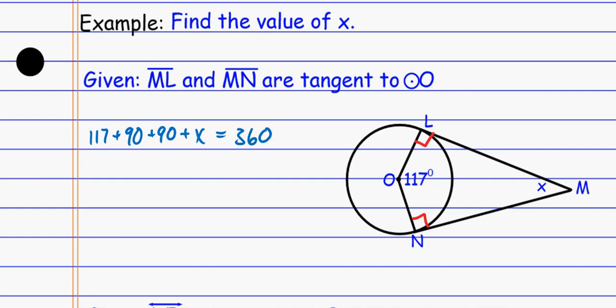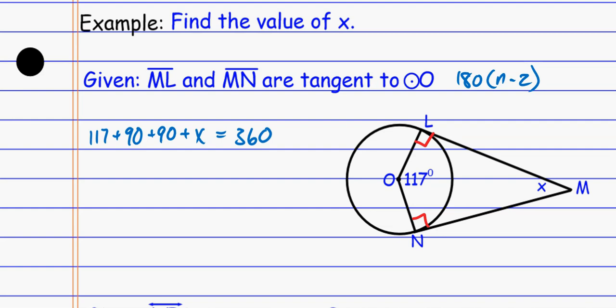You probably remember that a triangle adds up to 180 and a four-sided figure adds up to 360. But if you forgot, you could use the formula 180 times n minus 2. So 180 times 4 minus 2 gives me the 360. The angles inside have to add up to 360 degrees, and now I just have to solve this.